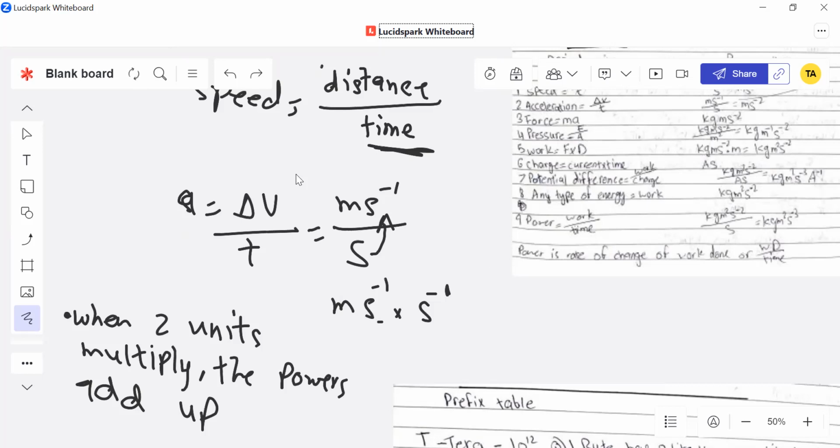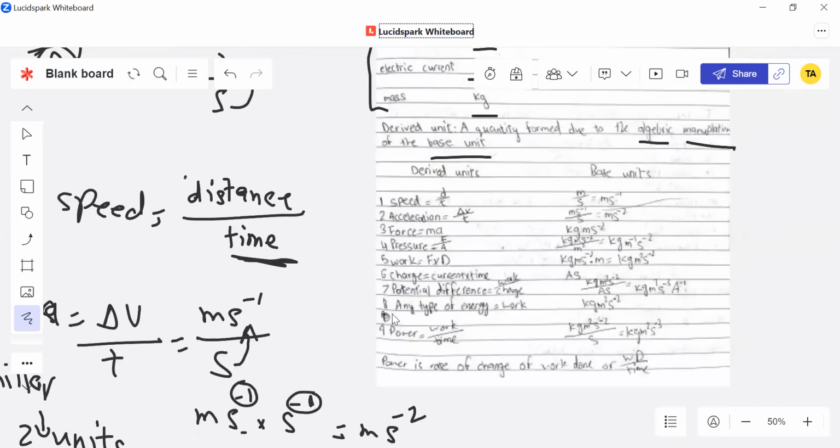When two similar units multiply, the powers add up. So -1 and -1 will give you s^-2. So I get ms^-2, because these two powers add up. So here, acceleration is ms^-2, velocity is ms^-1.